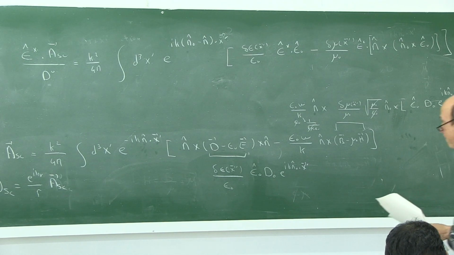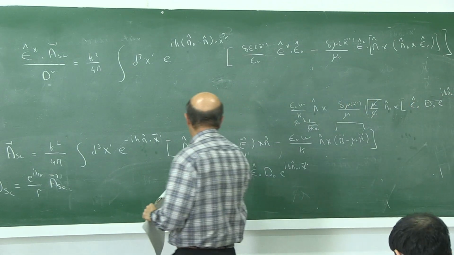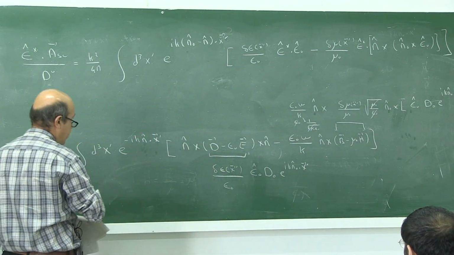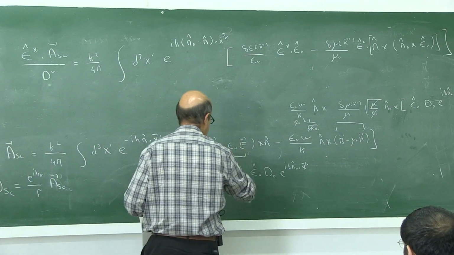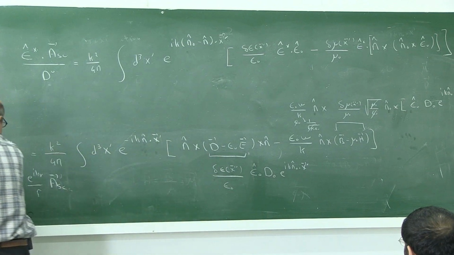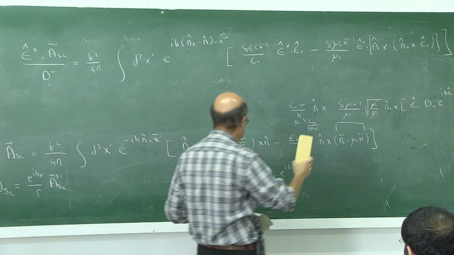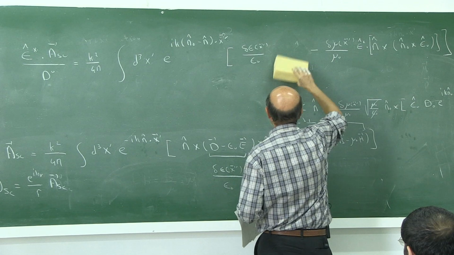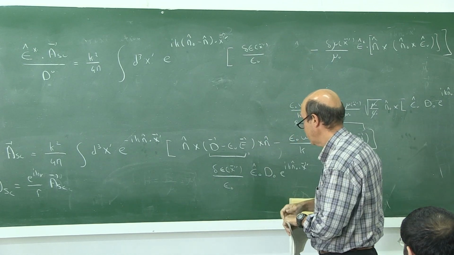But here I have a mistake because I forgot to write the n crosses. So above we have a mistake. We will come to that result, but we have a mistake at this point. So let us correct that part.